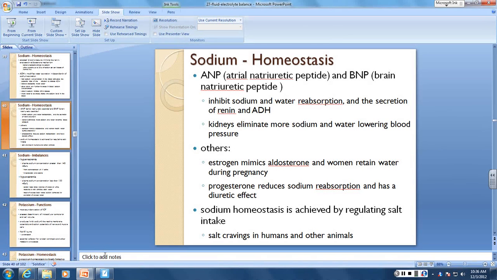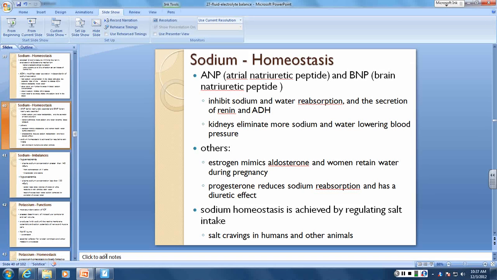Eliminate water. A natriuretic causes you to eliminate sodium. Okay? So if you are eliminating sodium, the kidneys are getting rid of excess sodium that's in the blood. That's what the ANP does.